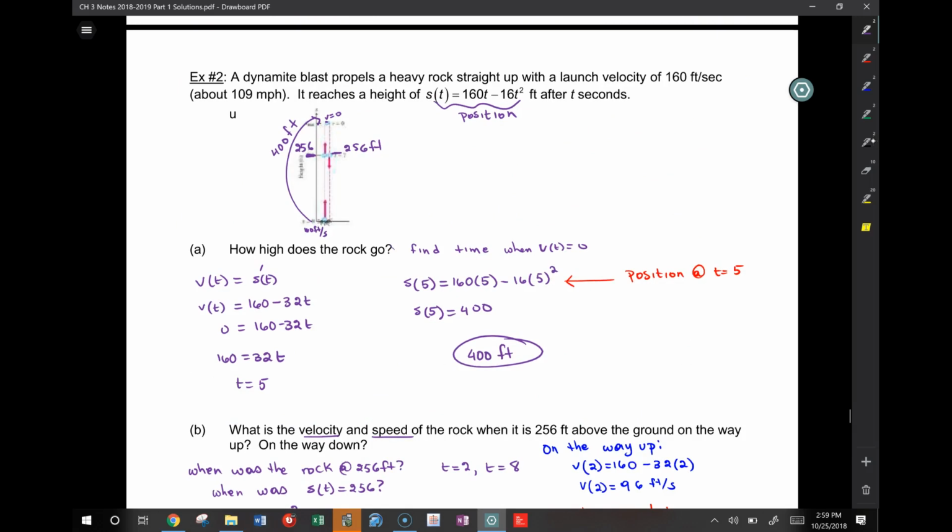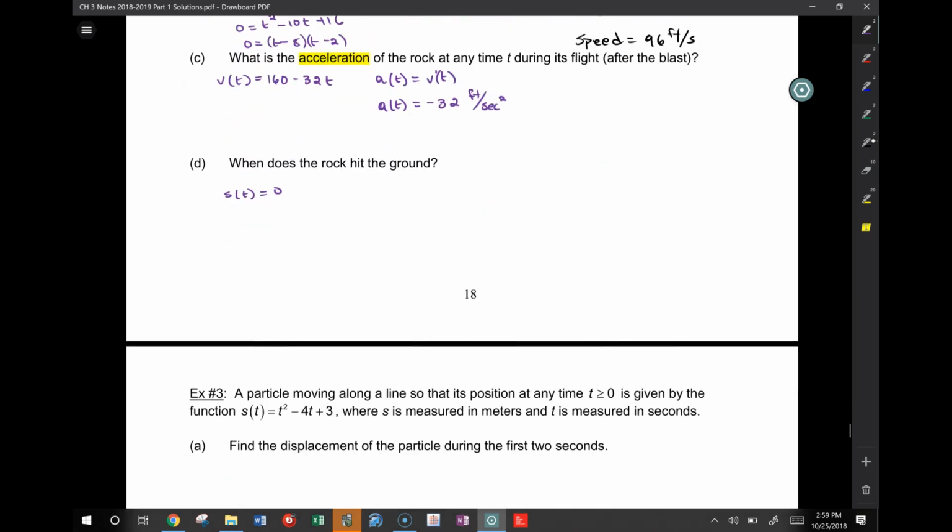So you know that it's going to take 10 seconds for the entire flight. Okay? So 2 times 5 is equal to 10. So this is method 2. 10 seconds.